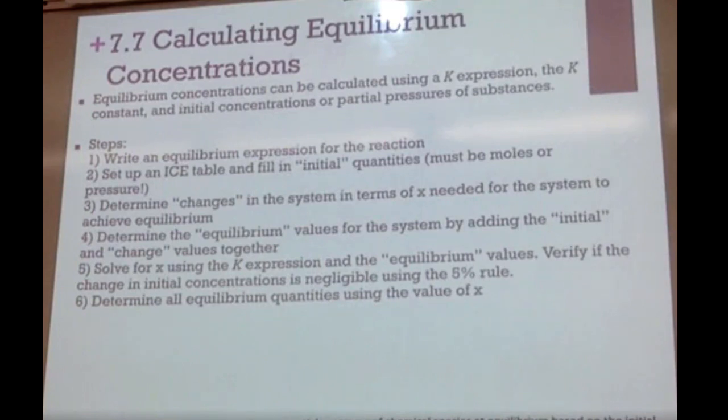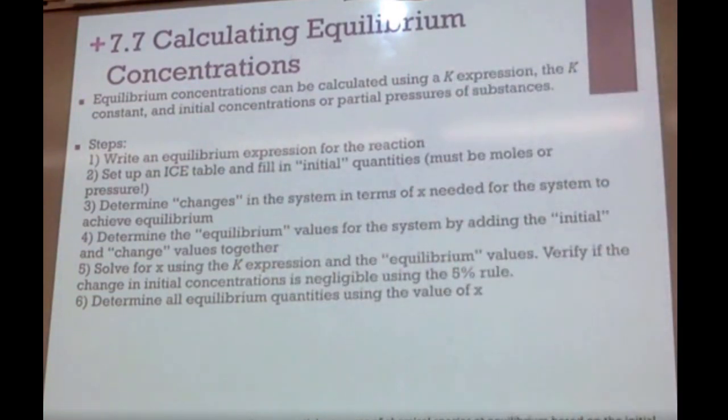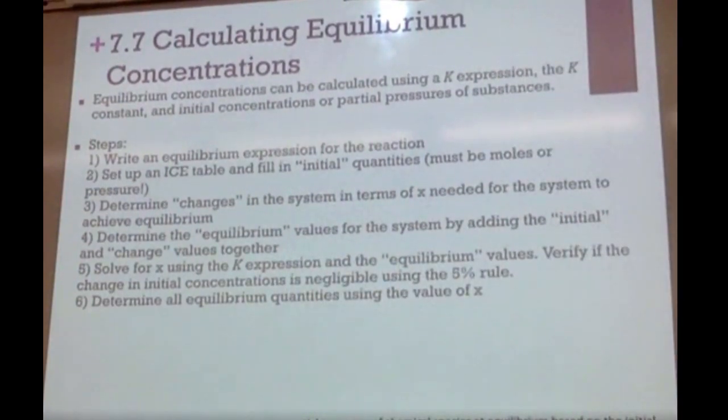So ICE: initial, change, equilibrium. And so if you set up an ice table, fill in initial amounts. Remember, the ice table has to be moles or pressure because it's Kc or Kp.